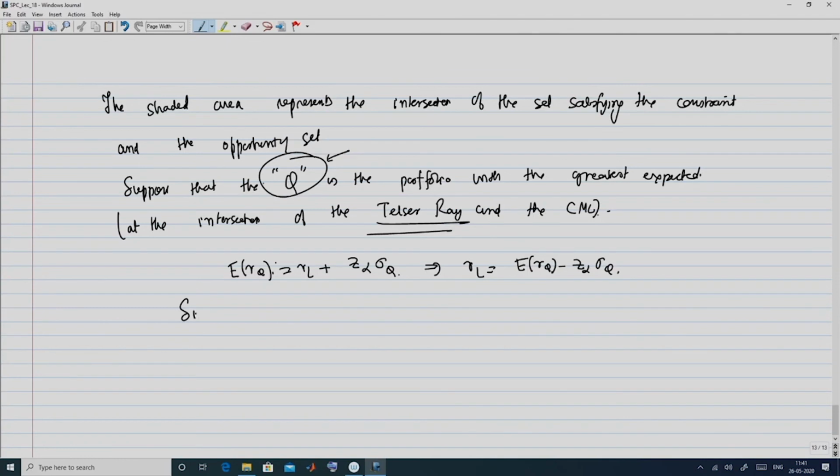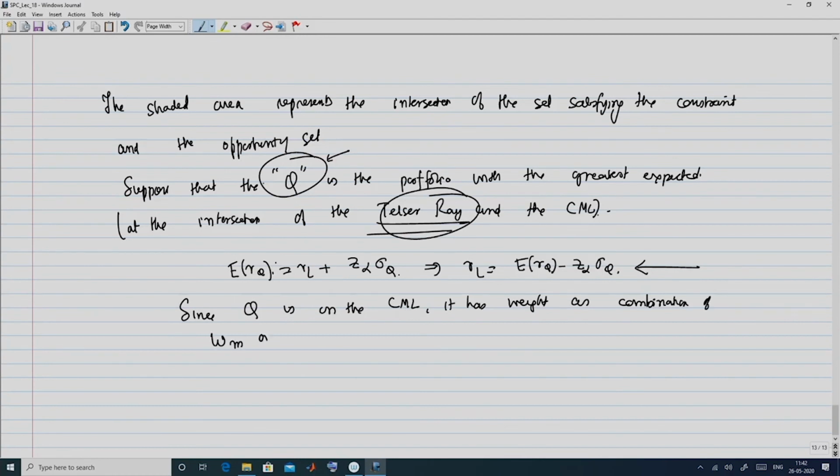Now, also remember that Q not only lies on the Telser ray, which is why this condition is satisfied, but since Q is on the CML, it has weights as a combination of Wm on M. Remember that any portfolio in the CML can be obtained as a combination of the market portfolio.